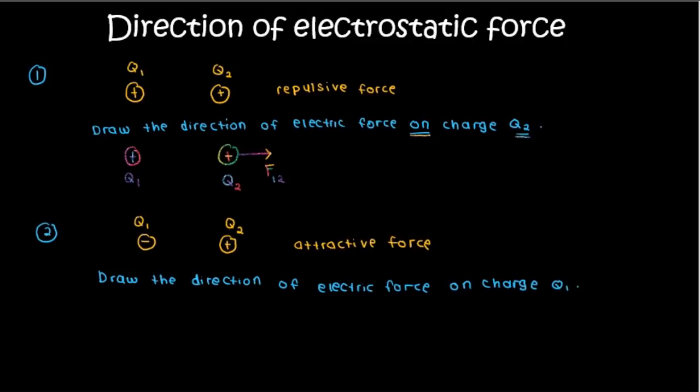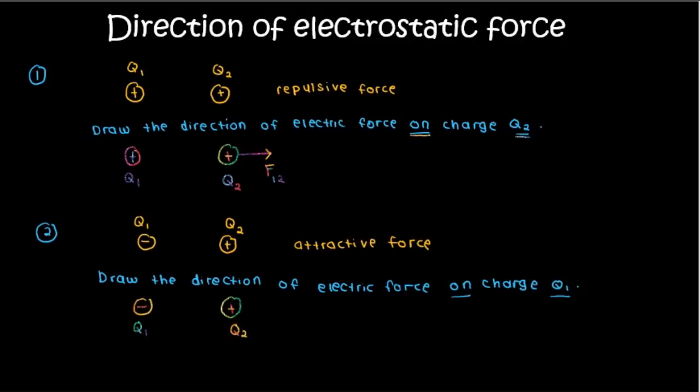As I said just now, you refer to the word on. On means what charge. So on charge Q1 means that your direction of force is on charge Q1 only. So we draw back negative Q1 and then positive Q2.